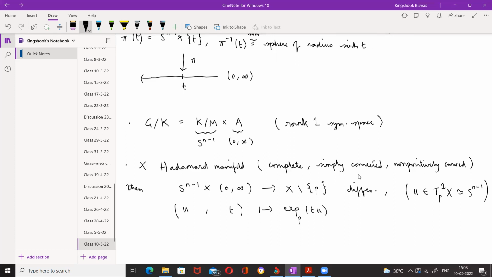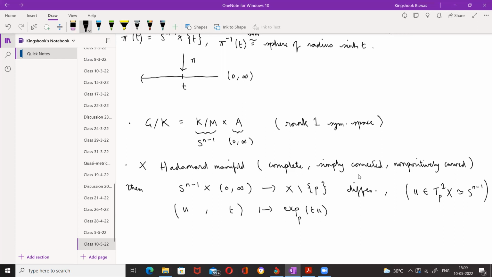So X minus p is always S^{n-1} cross (0, infinity). So you have polar coordinates always in any Hadamard manifold. It doesn't need to be a symmetric space or anything. This works for higher rank as well. Higher rank symmetric spaces are still non-positively curved.